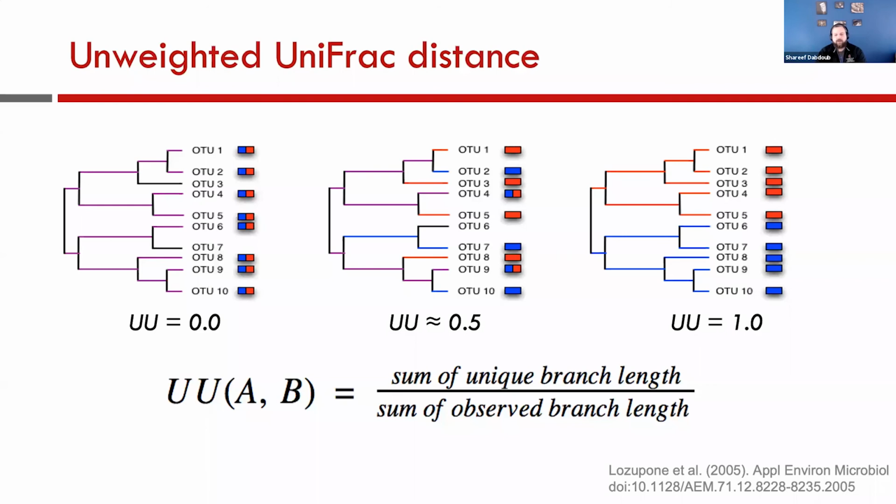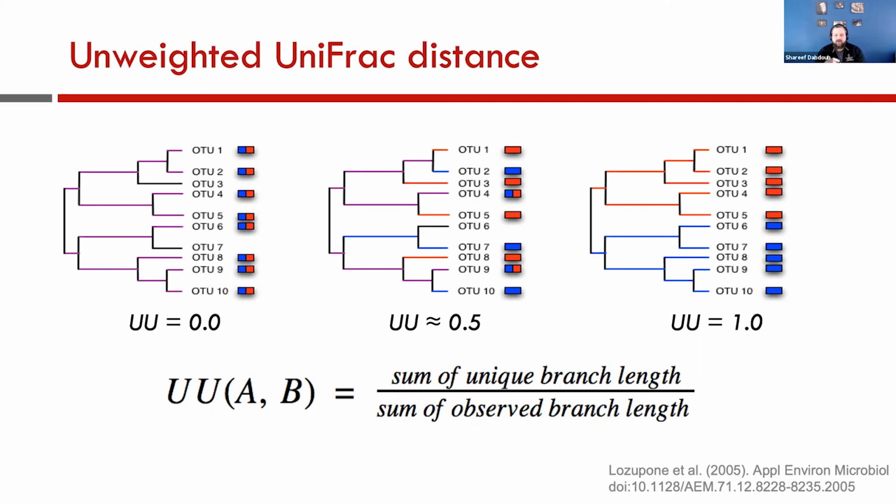It's the sum of the unique branch lengths over the sum of the observed branch lengths. Another way to say that is the fraction of branch lengths that leads to descendants from each single community, but not from both communities. So it discounts the branches that are shared and focuses on the branches that are different between the two communities.